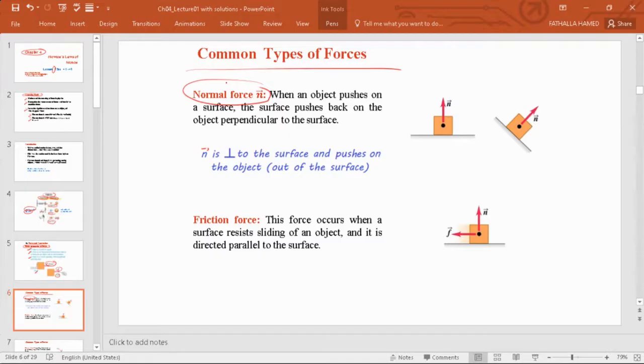And probably your computer or your laptop or your book is on a table, and the table has to support this. If the table is weak, the book or the computer will fall through because of gravity. So surfaces always apply a force normal to their surfaces. Normal here meaning perpendicular to the surface.